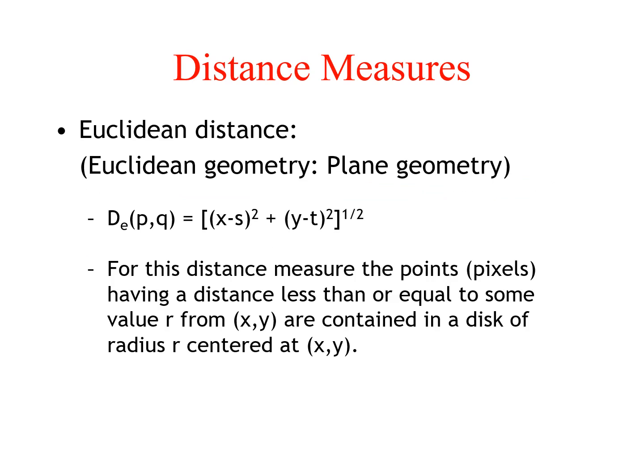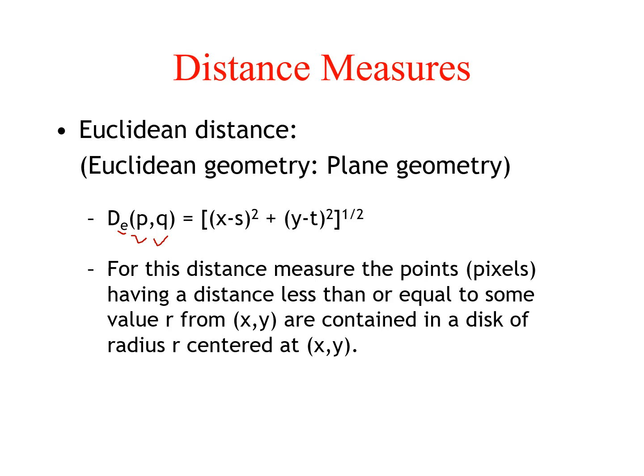Now the first distance metric is the Euclidean distance, shown by D_E. Remember this. The Euclidean distance between points p and q is the square root of (x minus s) the whole square plus (y minus t) the whole square. For this distance measure, the points having a distance less than or equal to some value r from (x, y) are contained in a disk of radius r centered at (x, y).